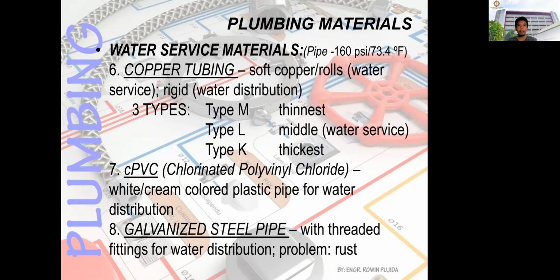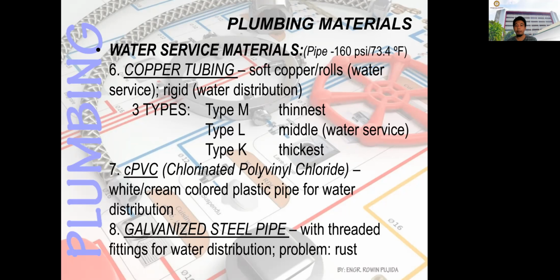Okay. The next material is the CPVC, chlorinated polyvinyl chloride. The color is white or cream plastic pipe. This is used for water distribution. And then you have also the galvanized steel pipes that are commonly used now in water distribution.